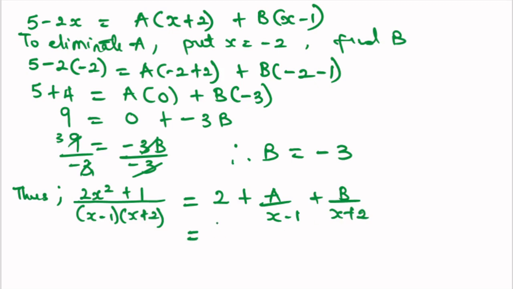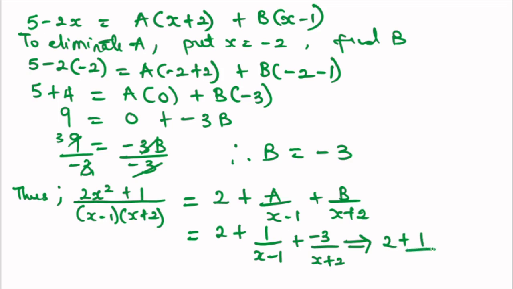So therefore the answer is 2 plus, the value for A will go 1 over x minus 1 plus, and the value for B will go minus 3 over x plus 2. So getting our final answer, it becomes 2 plus 1 over x minus 1 minus 3 over x plus 2. This is our final answer.